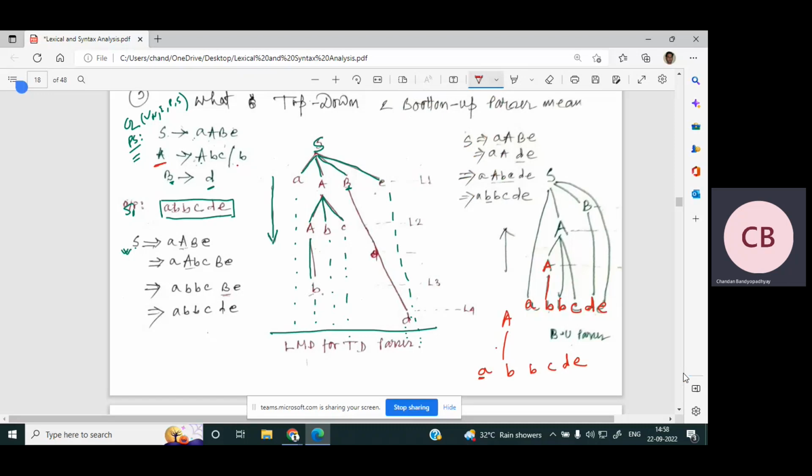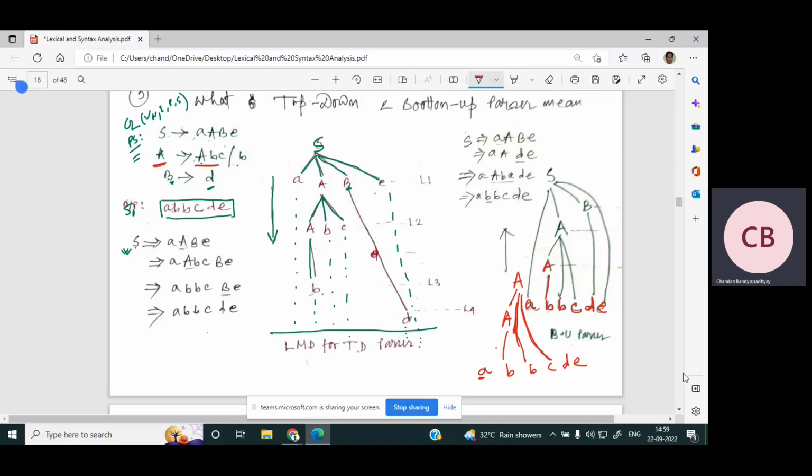Now you check that here, capital A, small b and c, this deduction I can get from capital A. So capital A, small b, small c, these three I can get from capital A, because capital A generates capital A, small b, small c.